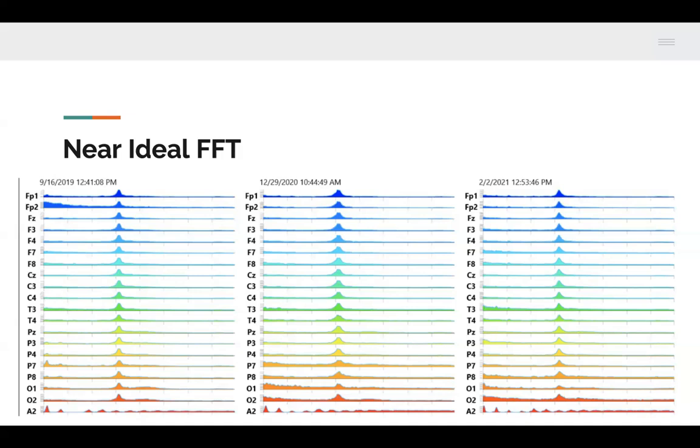What I like about this gentleman is, as you can see, from bottom to top, it looks almost identical. This gentleman has balance from the back of his head to the front of his head. It's balanced because, number one, it makes it to the top. Tom Brady's football makes it from O1, O2 to FP1, FP2.